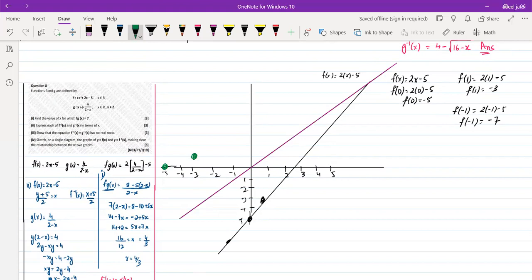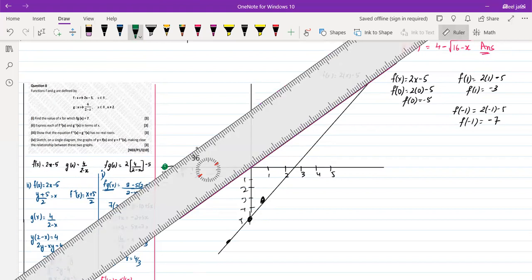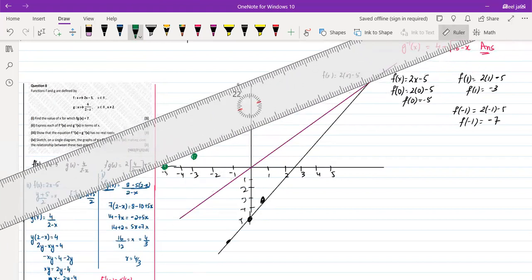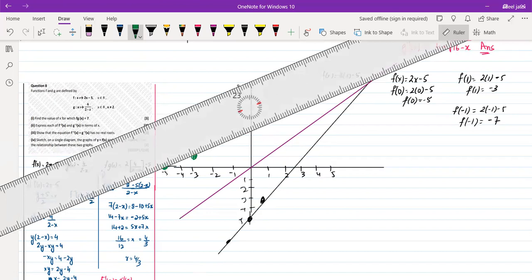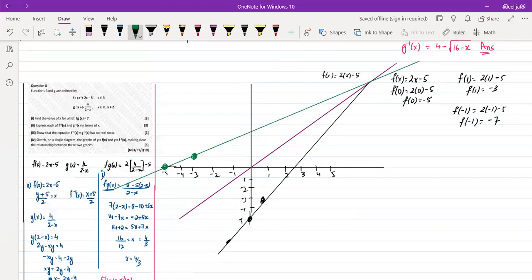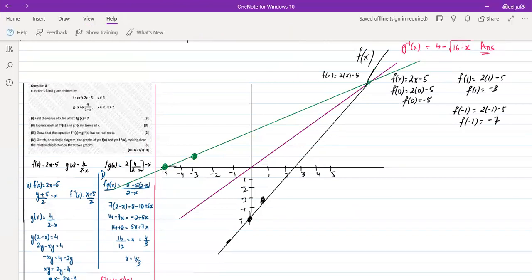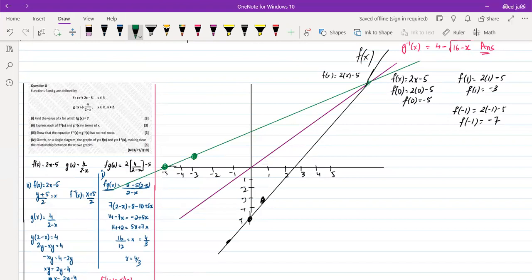If we just draw a line using these coordinates, you will note that it will intersect at the same point. This will be your line representing f(x), this can be written as f inverse of x, and this is your y is equal to x line.